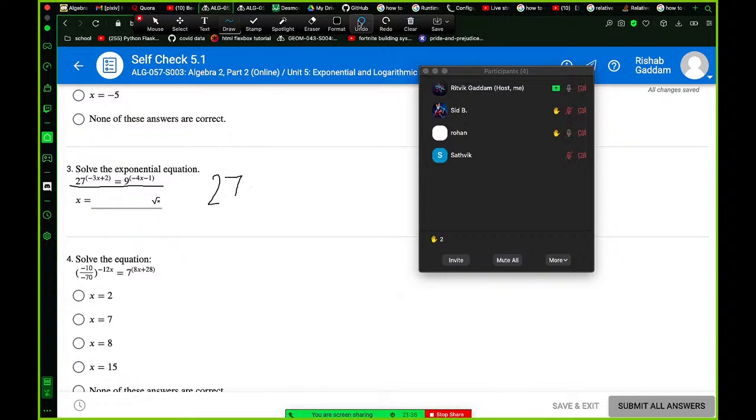Okay, so write it in terms of powers of 3. So we get 3 to the power of negative 9x plus 6 equals 9 to the power of negative 4x minus 1, which is 3 to the negative 8x minus 2. So then we get negative 9x plus 6 is equal to negative 8x minus 2.